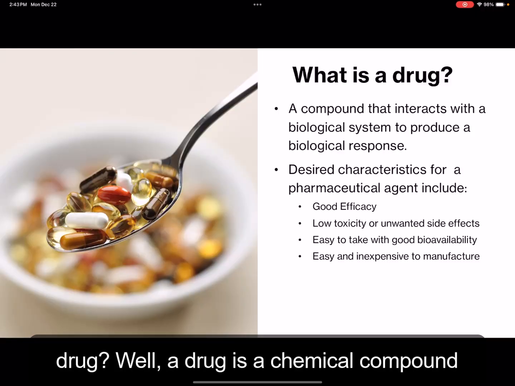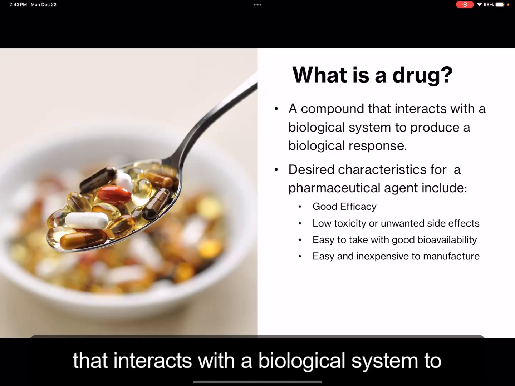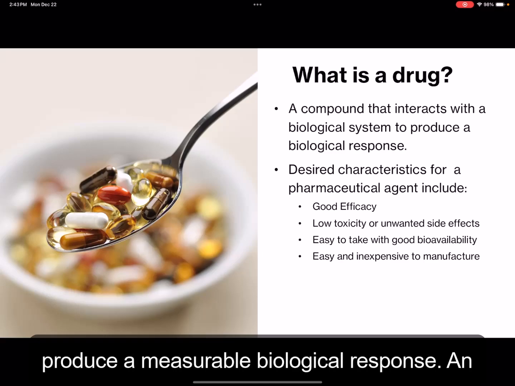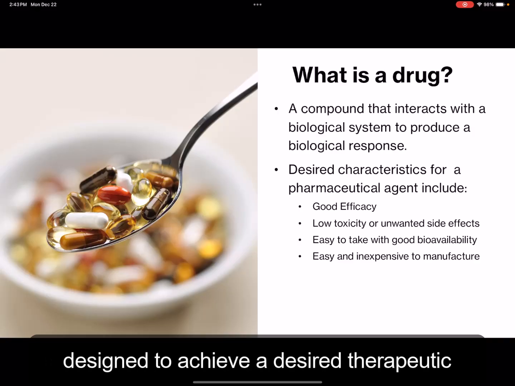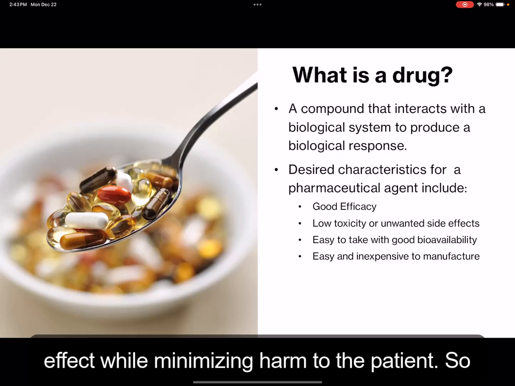What is a drug? Well, a drug is a chemical compound that interacts with a biological system to produce a measurable biological response. An effective pharmaceutical agent is going to be designed to achieve a desired therapeutic effect while minimizing harm to the patient.